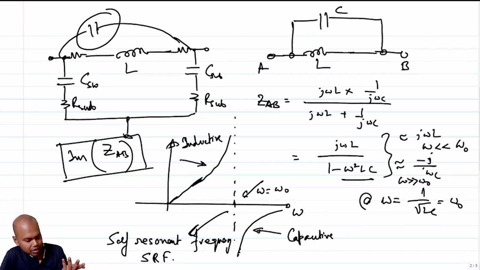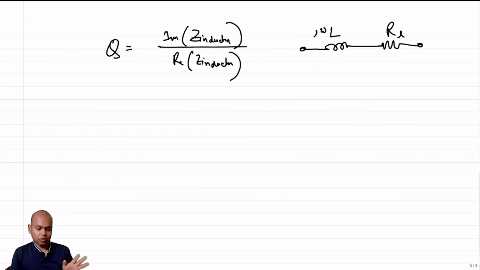One example that you can readily figure out is that at sufficiently high frequencies, where both the L and the series resistances give higher impedance than Rsub, the current would choose to go into Rsub and not into L, right? So eventually you are going to have a degradation in the Q factor. Even though this simplistic model is telling us that at very high frequencies Q can be very good, that's strictly not true.